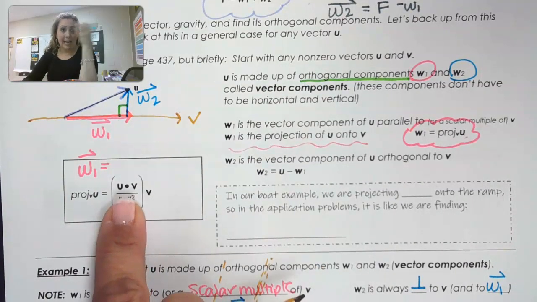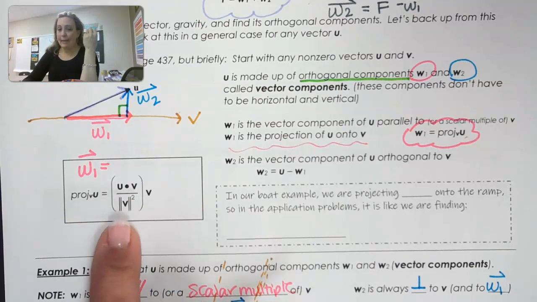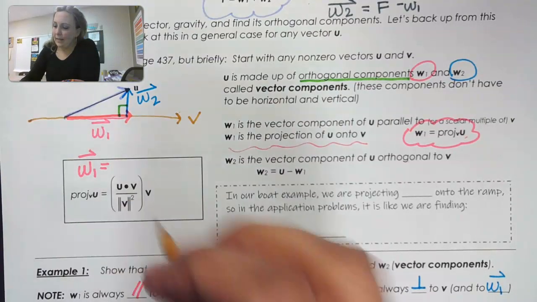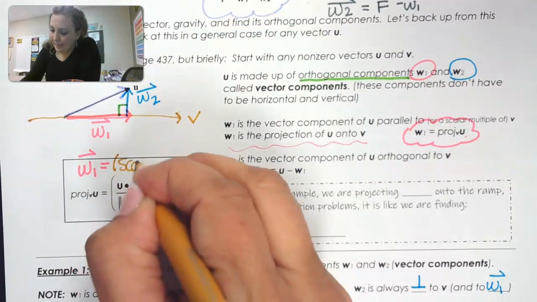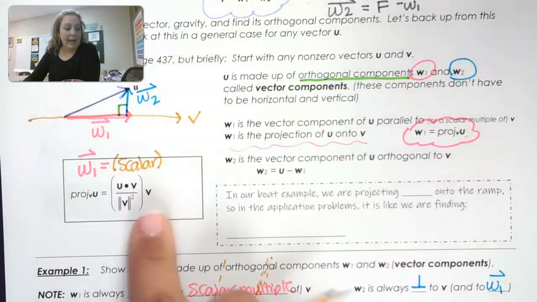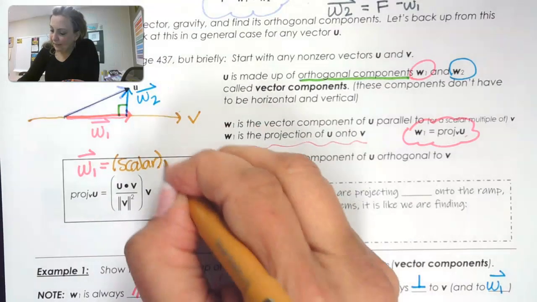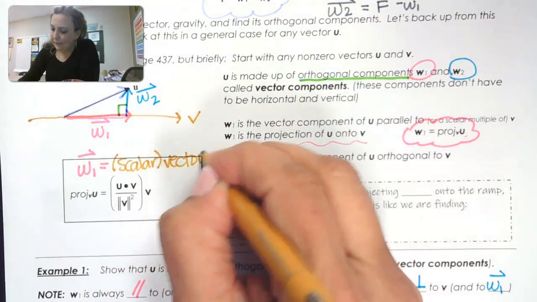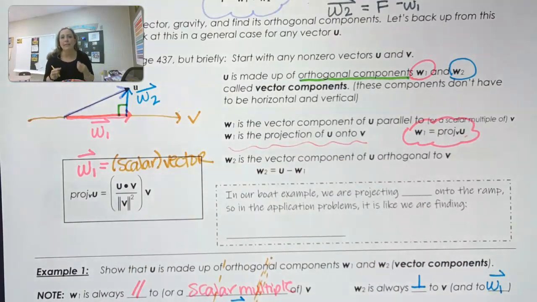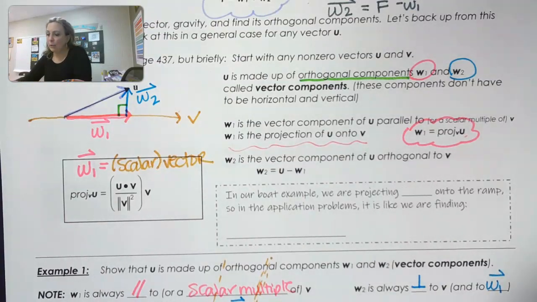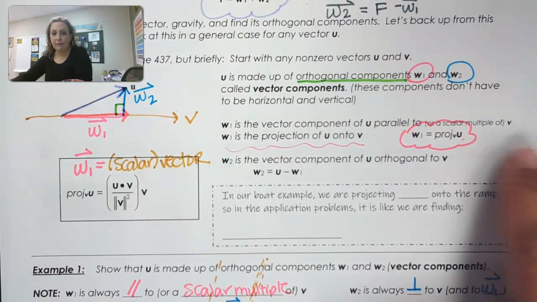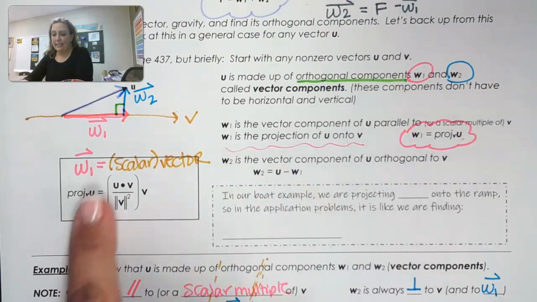U dot V, the dot product is a scalar, magnitude is a scalar, so this is going to be a specific scalar, and then times this vector V, times our vector, okay? And that makes sense. What we said is that W1 is a scalar multiple of V. And that's what this is here.